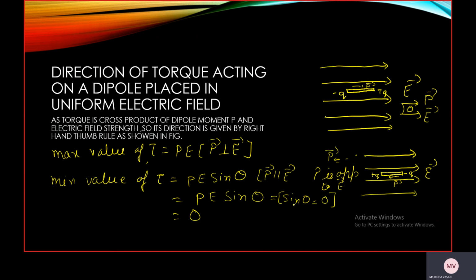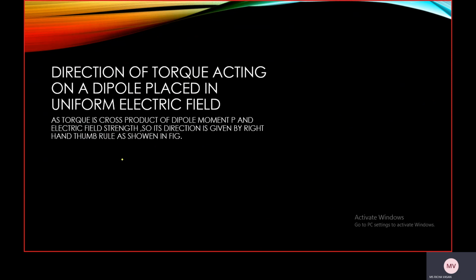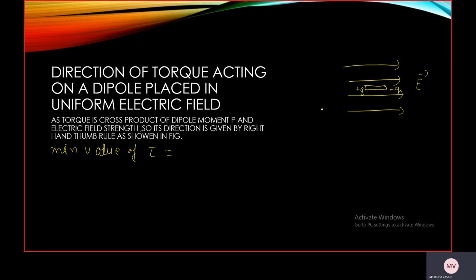Then what will happen? We are talking about the minimum value. We know that when our P is anti-parallel to our electric field, sine 180 degrees is also equal to 0, right?